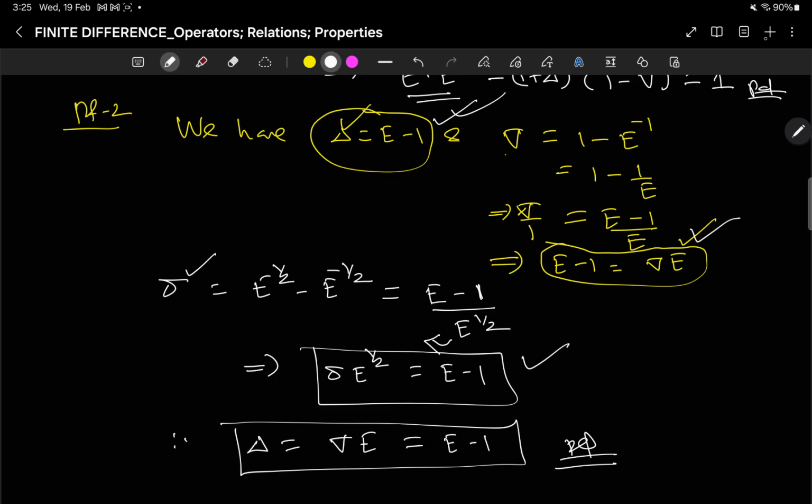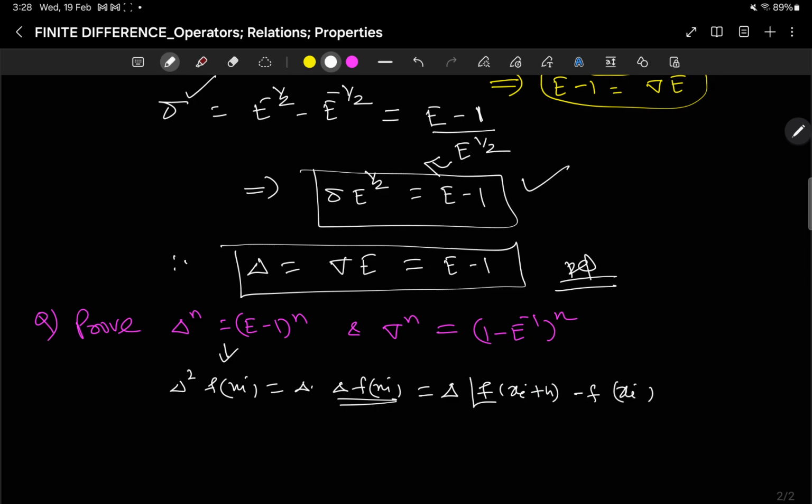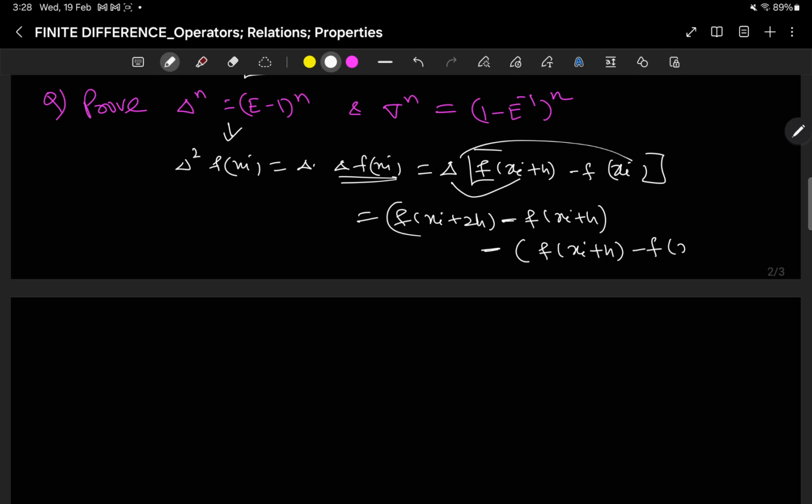Let us prove some more examples. Coming to the proof of this, del square fxi is del of del fxi. So first you operate this. So this is del of f xi plus h minus fxi. Again you operate del. Now operating this, it becomes f xi plus 2h minus f xi plus h, and minus f xi plus h minus fxi.